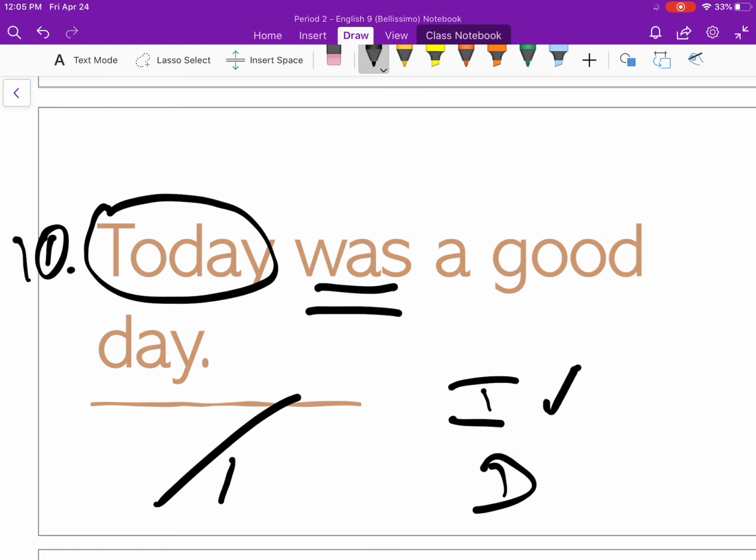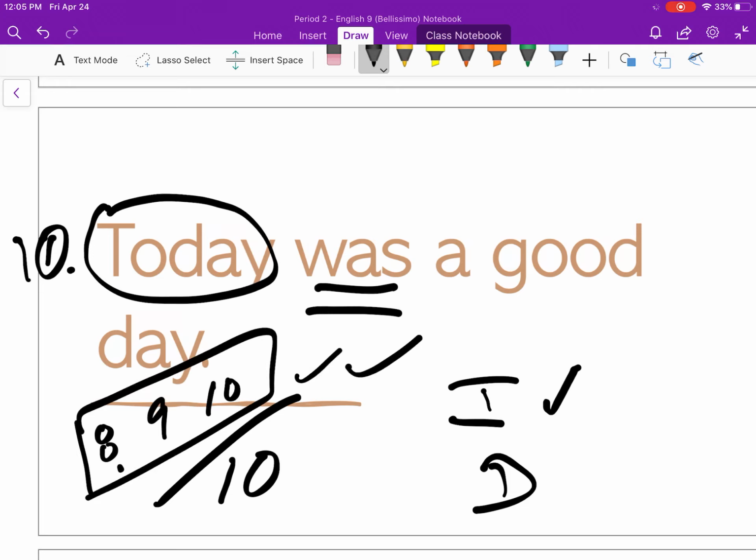Okay, how did you do out of 10? Did you get 8, 9, 10? If you're getting up into here, you're really starting to understand that idea of what a dependent clause is.